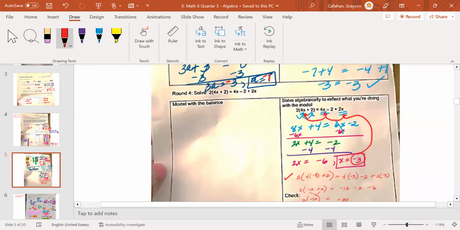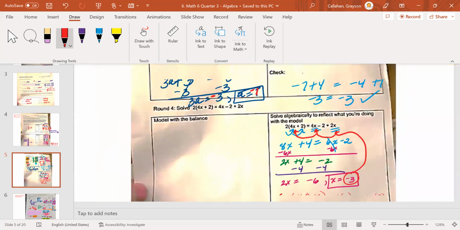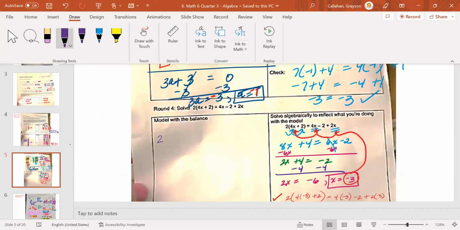This was really fast, so you know, watch this video again. Now, if you're to do this with modeling, let me just show you how you'll do that. There's a 2, right? So you will just do 1, 2, 3, 4, right? x, x, x, x, like that, okay? Put a bracket. Equals 4. 1, 2, 3, 4. x, x, x, x.